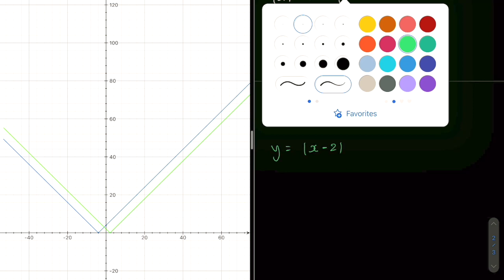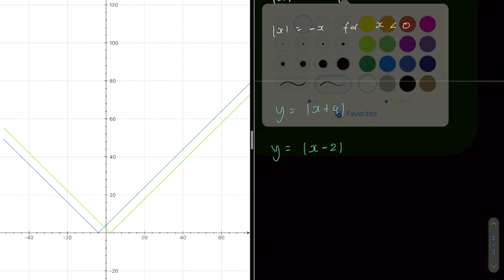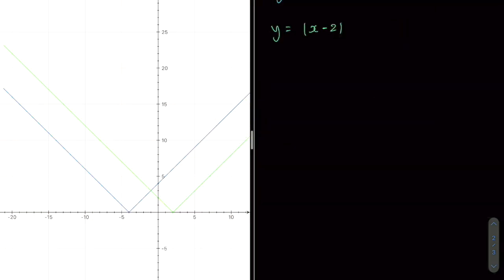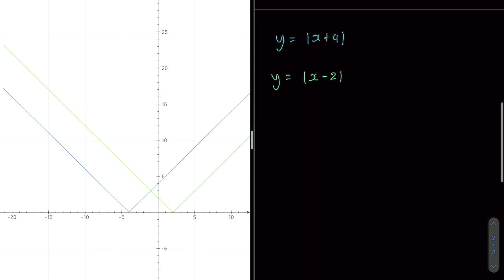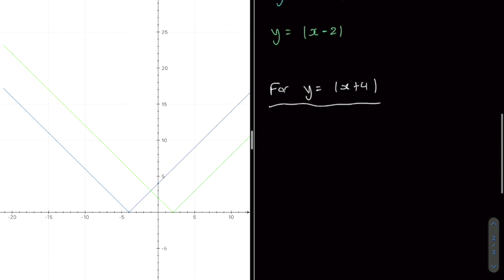Okay, so let's take a look at this now. Let's focus our analysis on y equals x plus 4. Now the question is, for y equals x plus 4, when does y equal 0?